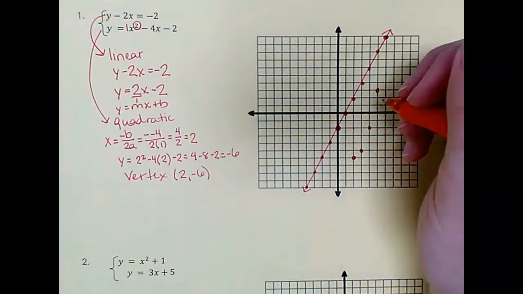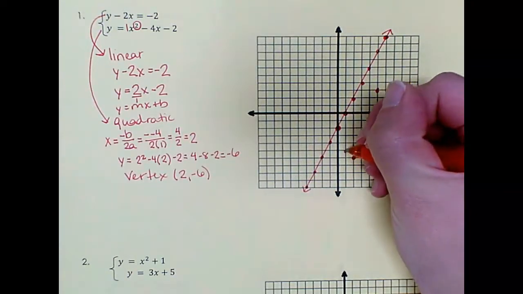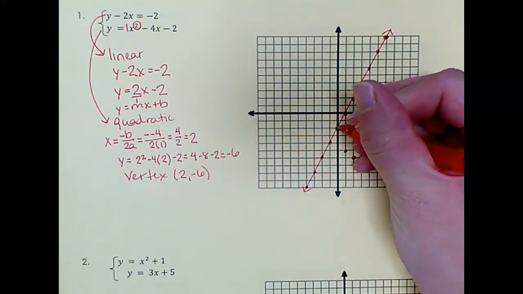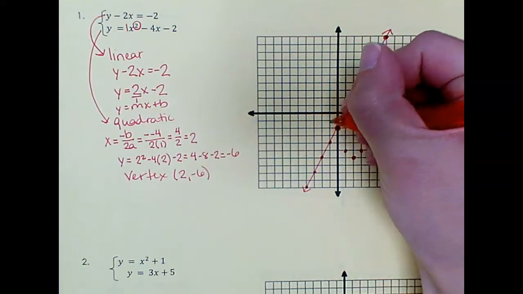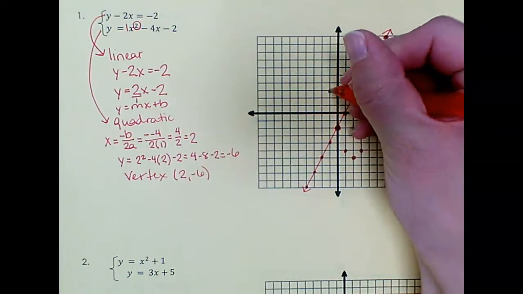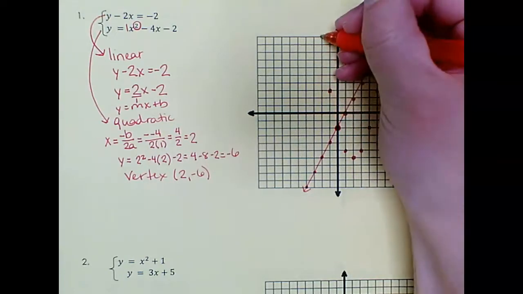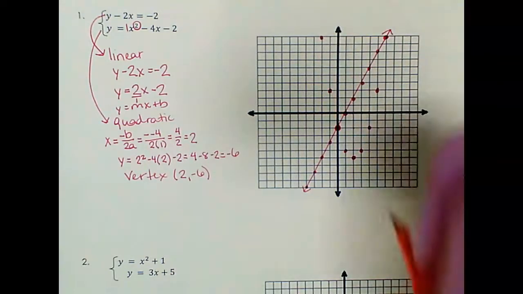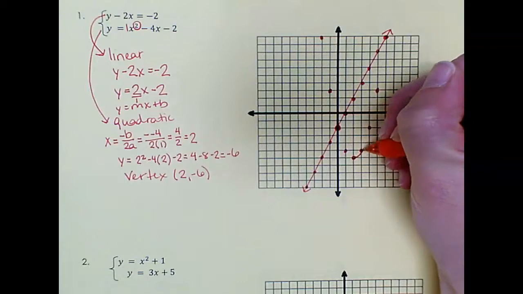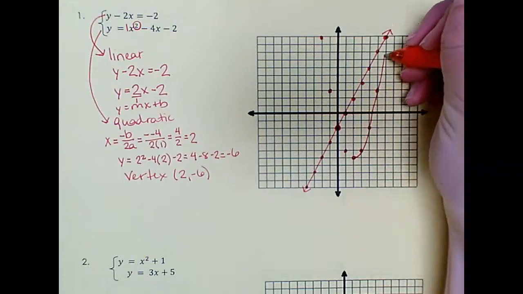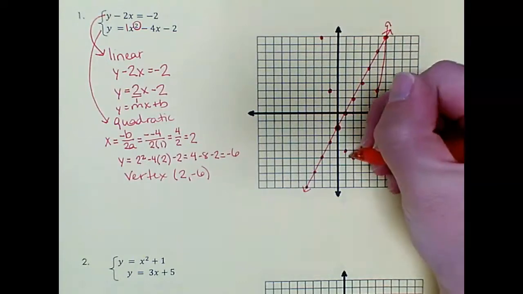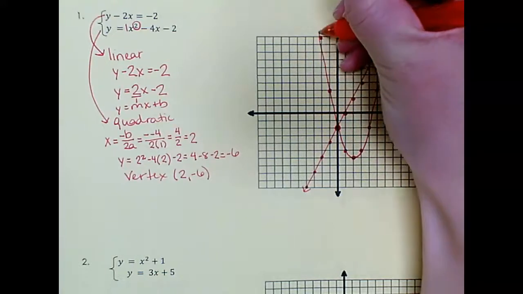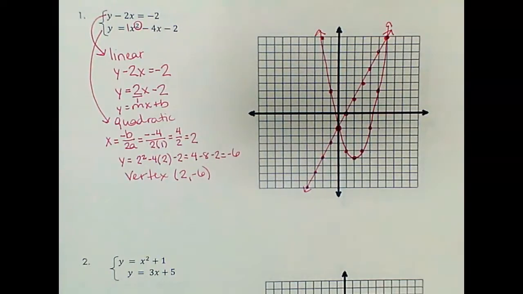Same thing on the other side. Over 1 up 1, over 1 up 3, over 1 up 5, and over 1 up 7 all the way at the top. So my parabola has a vertex here at 2, negative 6, and then it goes up like this. When you find your solutions, you're looking for the places where your graph intersects.